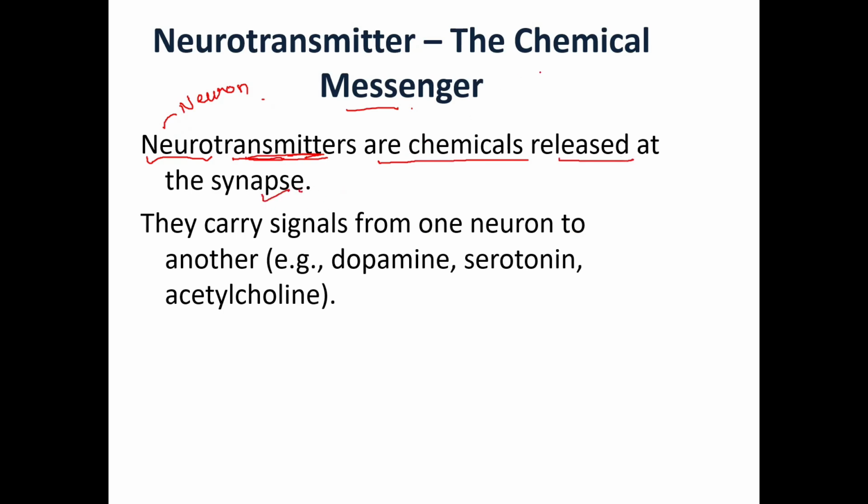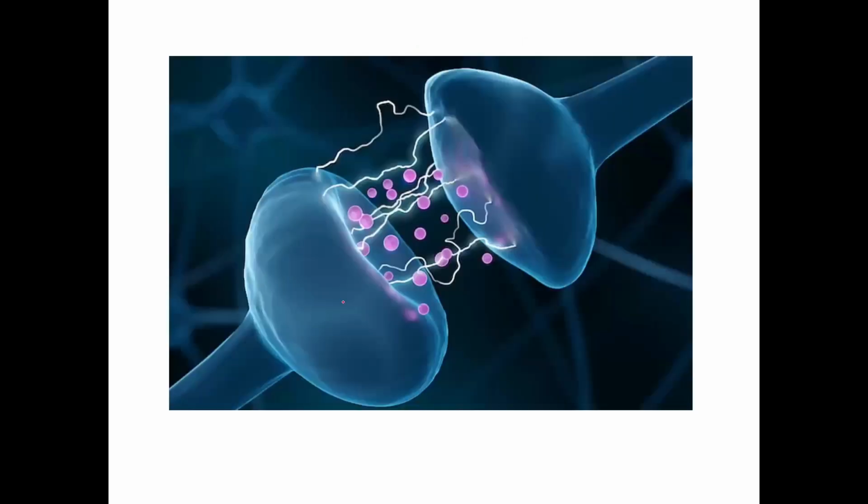They act as chemical messengers and carry signals from one neuron to another. Examples of neurotransmitters are dopamine, the happy hormone, serotonin and acetylcholine.